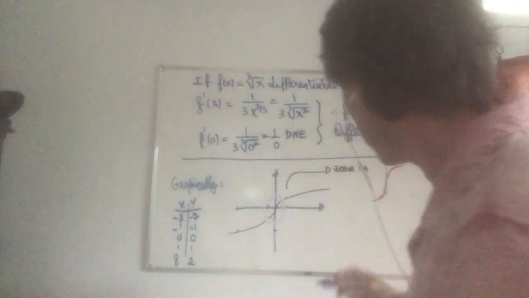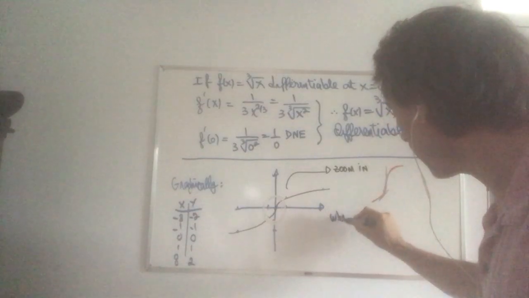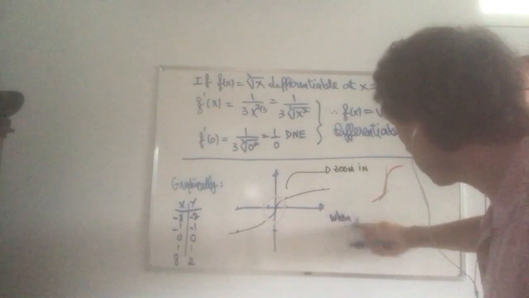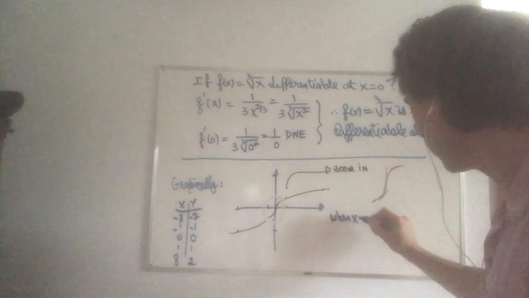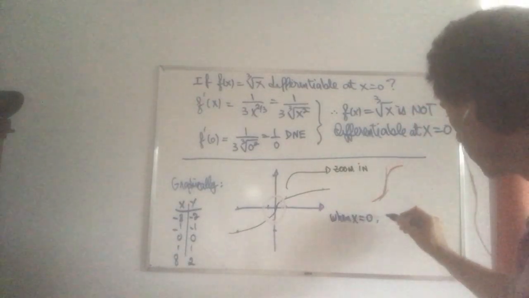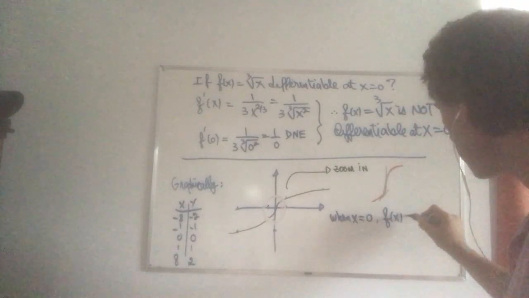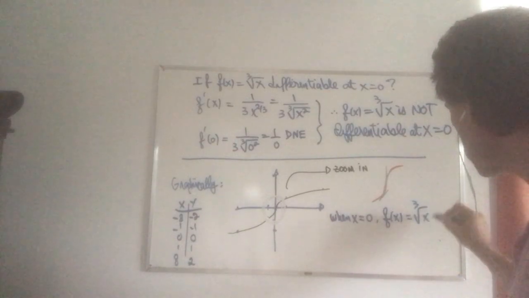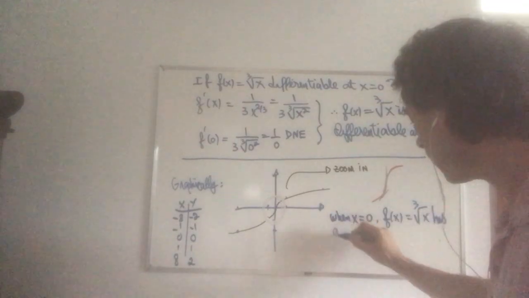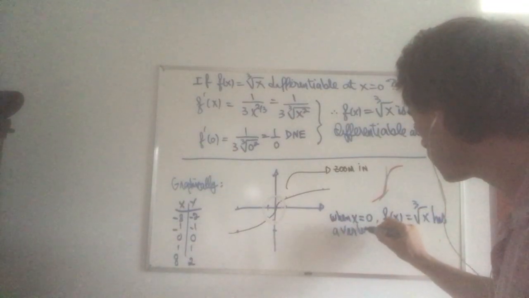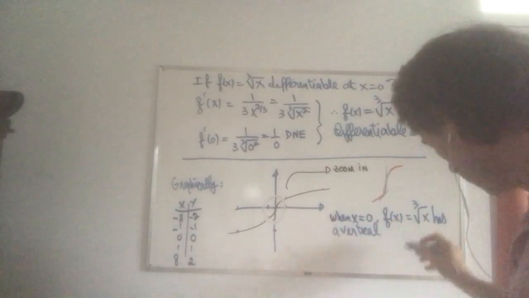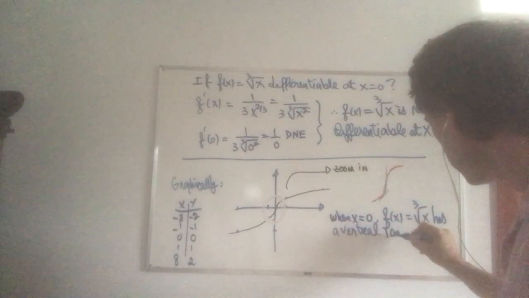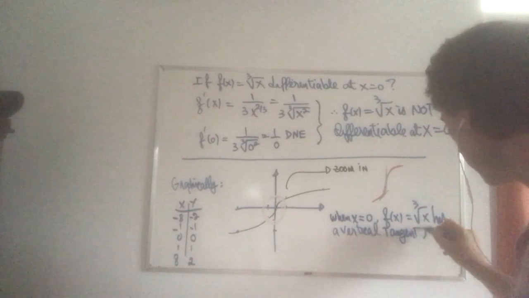So we have that when x is equal to 0, f of x equals the cube root of x has a vertical tangent line.